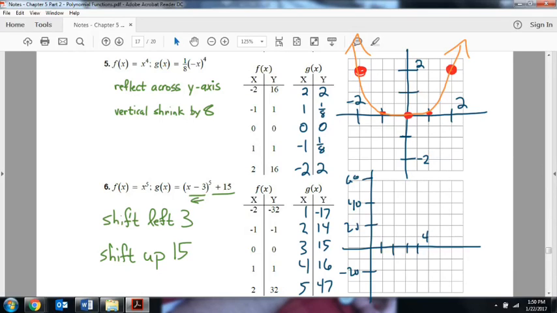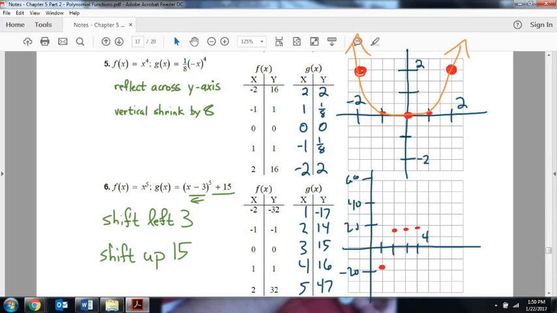1, -17. So -17 is just shy of -20. Put it right about there. The next one is 2, 14. So about halfway between 10 and 20. 3, 15. Well, 15 is just above the 14. 16 is just above the 15.